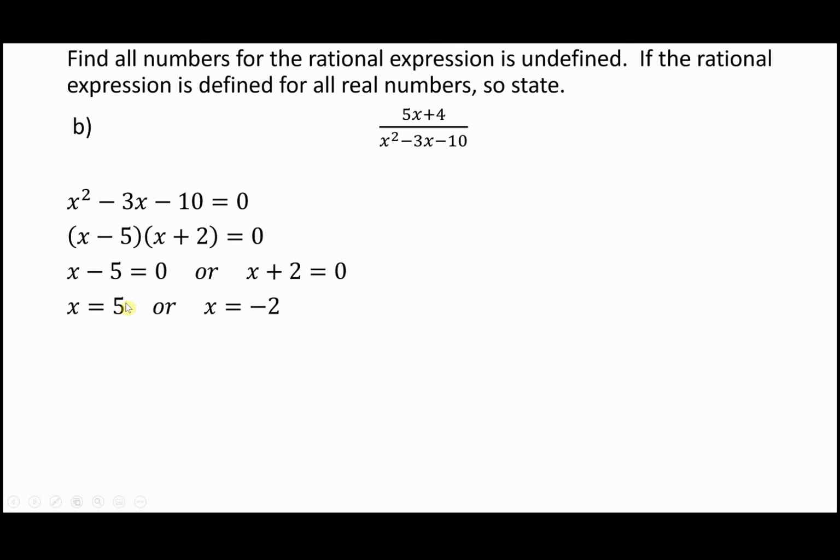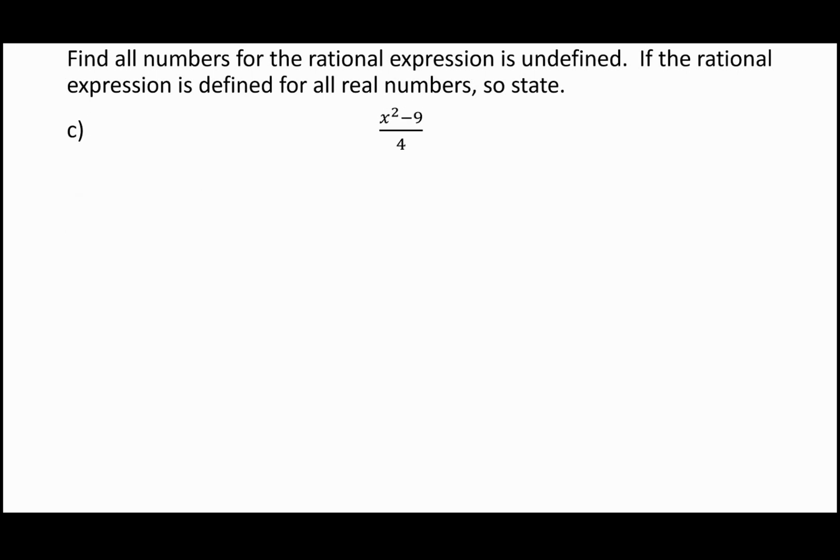So the values of 5 and negative 2 are therefore excluded from this rational expression. Said another way, they are domain violations of this rational expression if it was attached to a function.